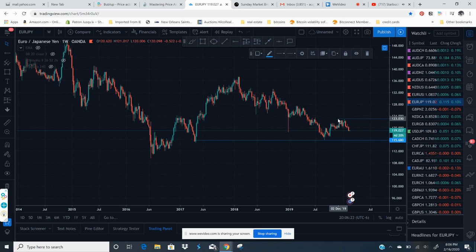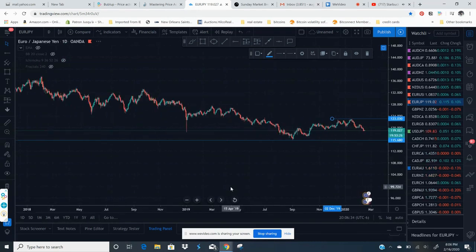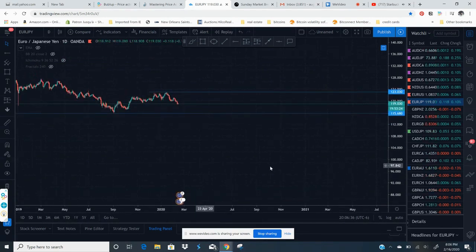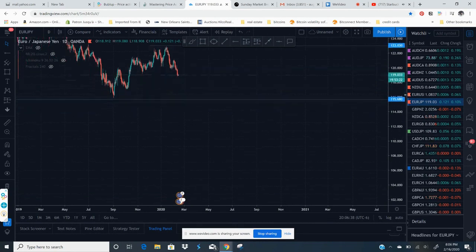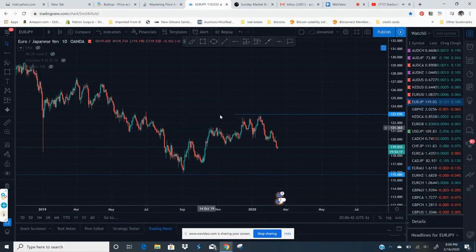Just as high as it's been on the week, not daily. Hit 3 times, it fell.